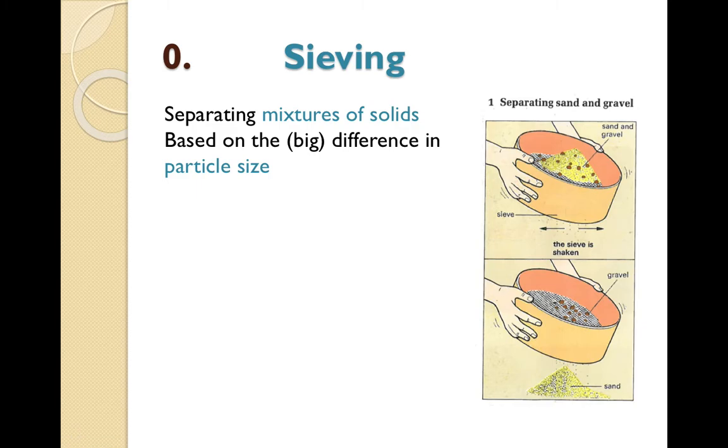So the bigger particles would remain in the sieve and the smaller particles remain in the sand. And we do that also when we bake, when we sieve flour. That's also to add air, but we do that also to just make sure that all the flour is loose and there are no chunks in it.